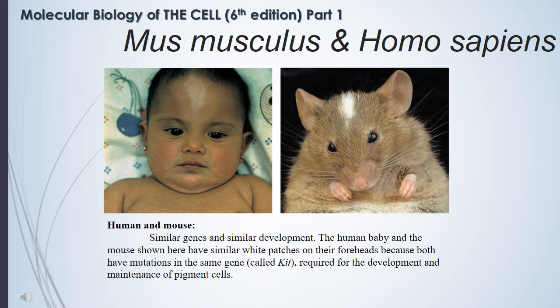For example, in these pictures, we have this white patch on the forehead on both mice and this little baby, and both are a result of a mutation in the same gene, the gene called KIT. This gene is responsible for development and maintenance of the pigment cells, and mutations thereof result in lack of pigment in, well, the skin or the fur. This mutation is not really that bad, but it delineates the astonishing similarities between mice and humans.